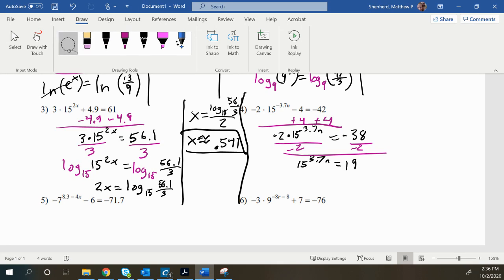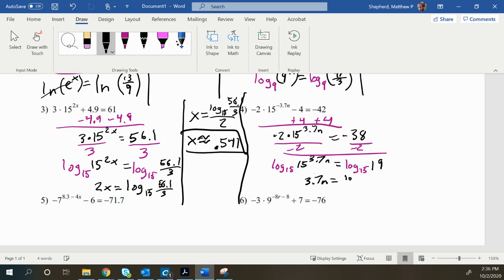All right, so now we've got our base and exponent alone on one side. So now we're ready to do our log. So log base 15 of both sides. 15 to the power of what is 15 to the power of 3.7n? Just 3.7n.